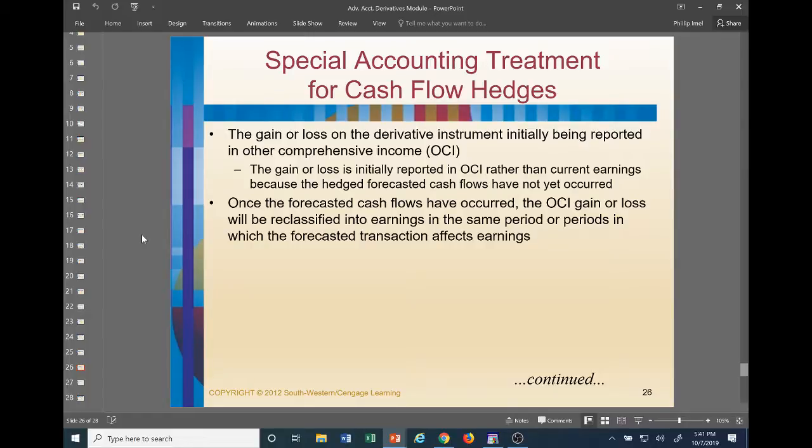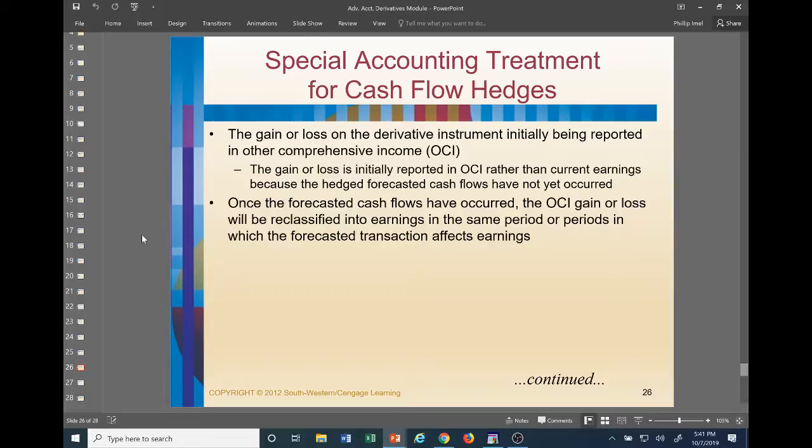Now, once the forecasted cash flows have occurred, the OCI gain or loss will be reclassified into earnings in the same period or periods in which the forecasted transaction affects earnings. So very important there: the gain or loss for cash flow hedges is originally recognized in OCI until the forecasted cash flows actually occur.